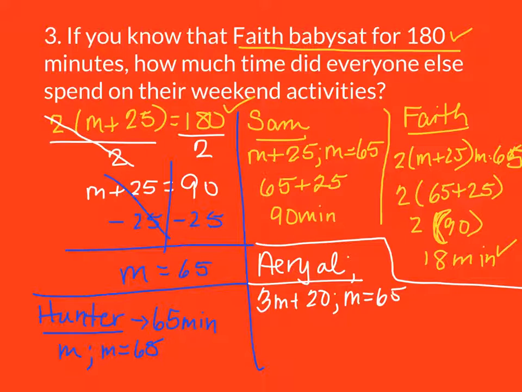Paying attention this time. 3 times 65 plus 20. 3 times 65, well, 3 times 60 is 180. 3 times 5 is 15. 180 plus 15 more is 195. Plus 20. Well, 195 only needs 5 more to get to 200. Take that 5 away from the 20, leaves me with 15. So that's 215 minutes. And there we go.